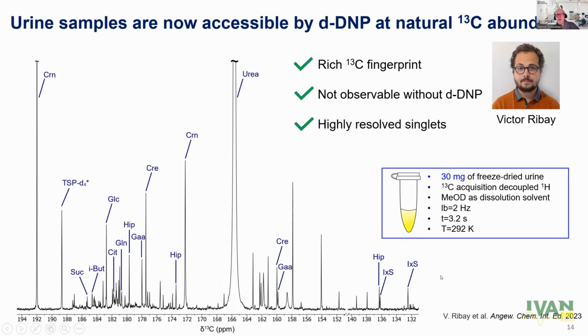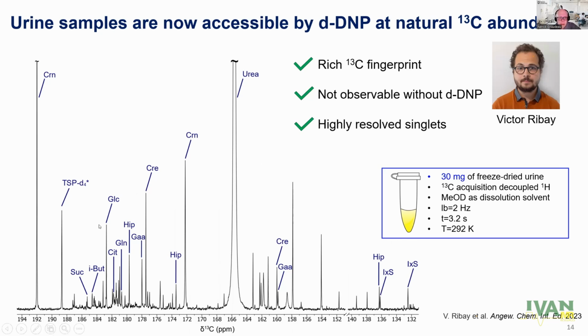What you have on the screen here is a C13 spectrum of urine recorded in a single scan after 20 minutes of hyperpolarization. I was very impressed when I first saw this spectrum, because it has lots of peaks. If you try to record a C13 spectrum at natural abundance on urine on a conventional spectrometer, even with 10 hours of acquisition, you will basically see nothing or almost nothing.